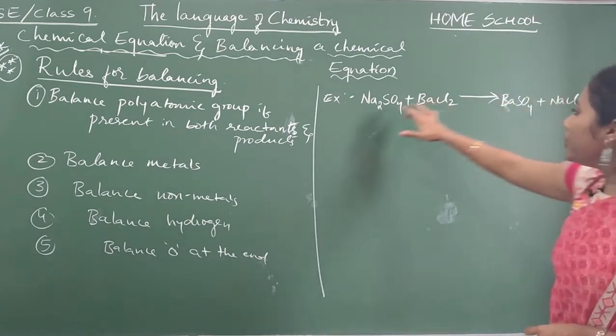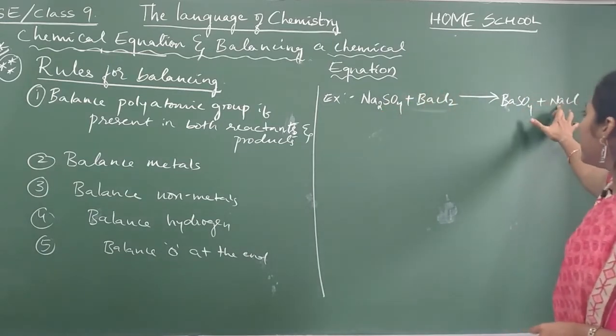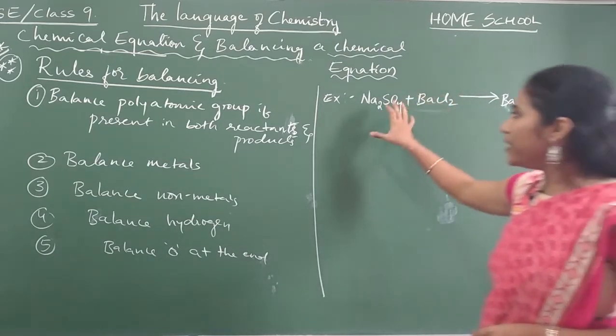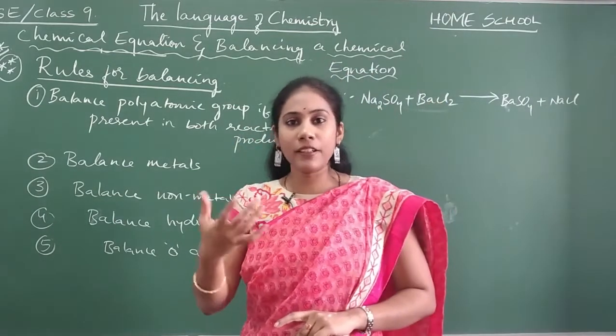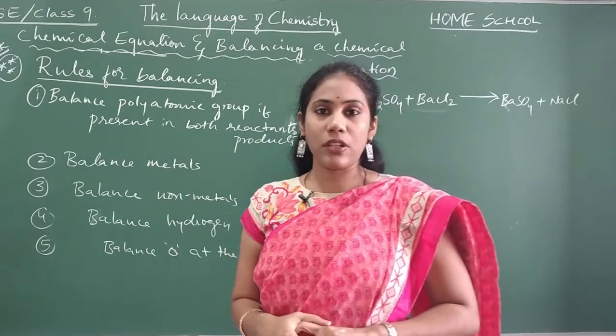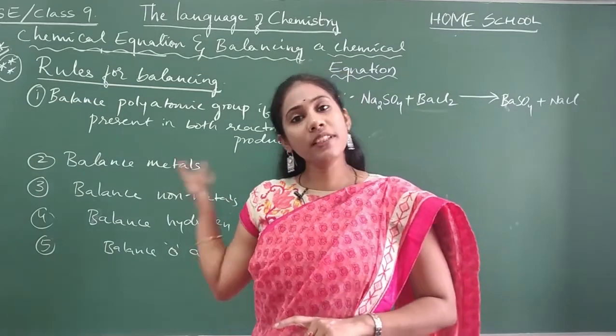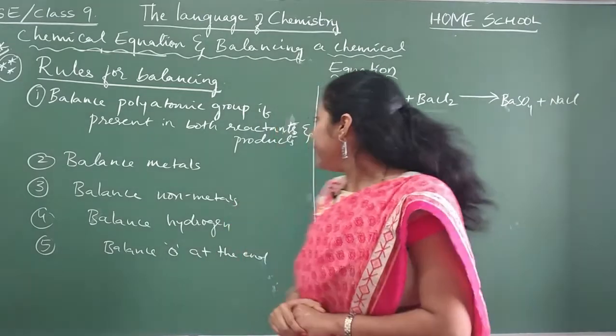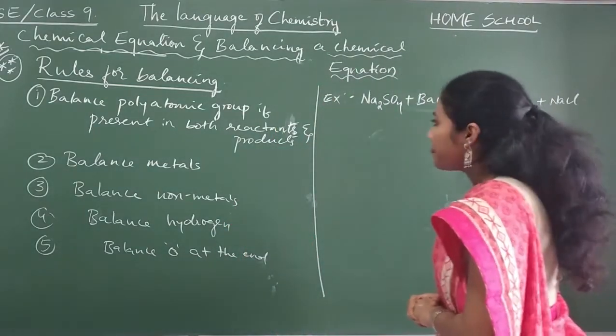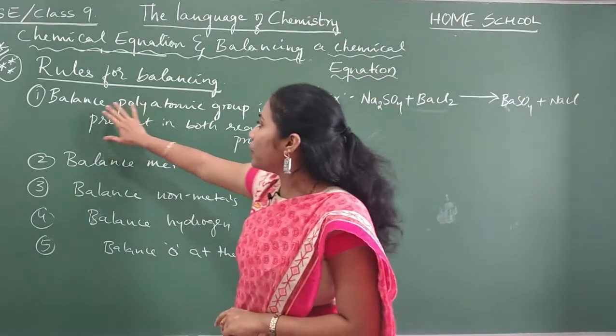So here two sodium atoms are there, here only one sodium is there, so definitely you have to balance this equation. If you check it with one element, you will come to know whether it is balanced or not. Now you got to know this is not balanced, you should balance it. And what did I tell you first? What is the basic point I told you?